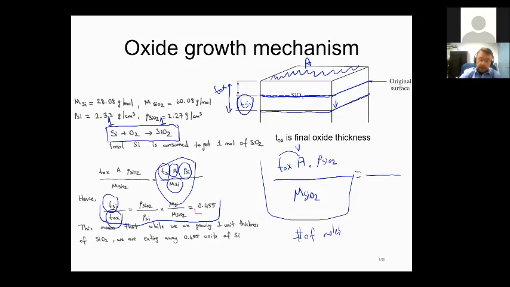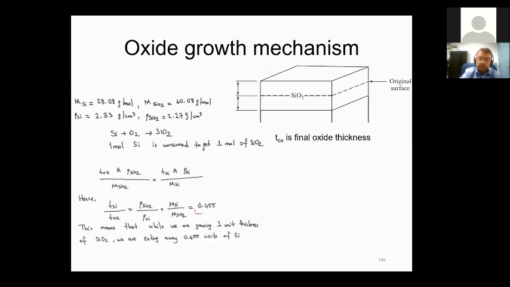And that's going to be 0.45. So that means that if I build 1 unit of silicon dioxide, it will be like an earthquake. I will collapse 0.45 units of silicon on down to the bottom level, lower level.